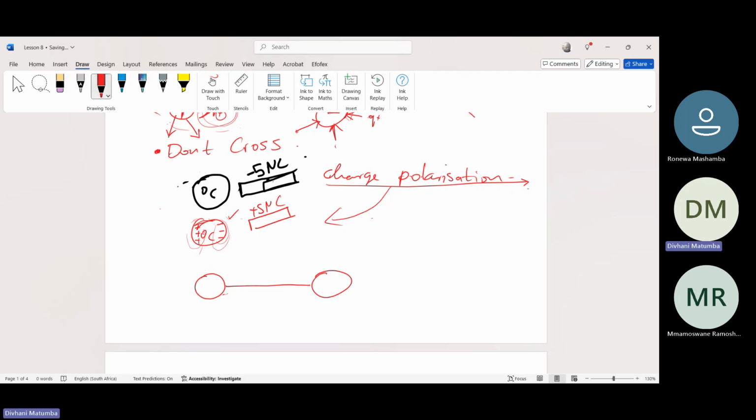Now I'm also breaking the rules. I don't want to break the rules. Perpendicular. Field lines must meet the surface perpendicular.